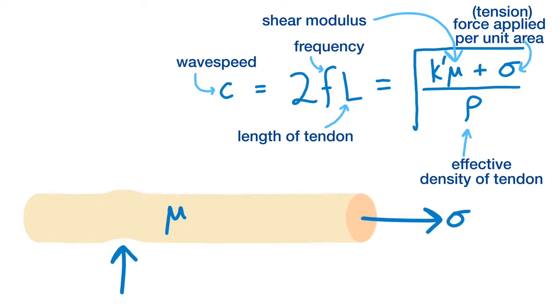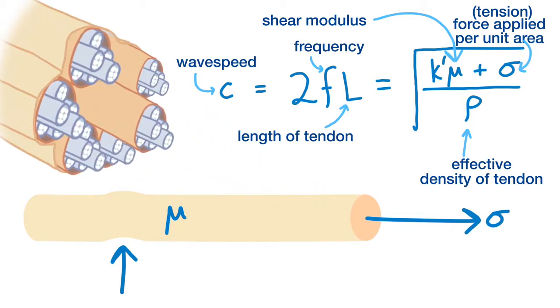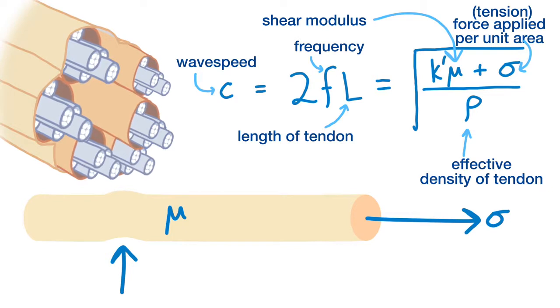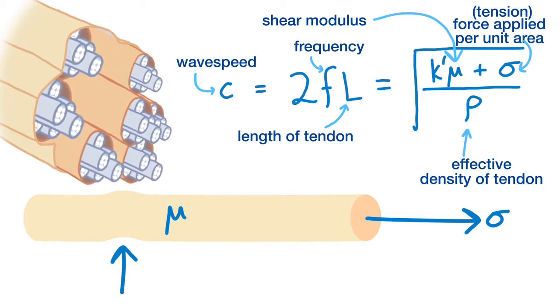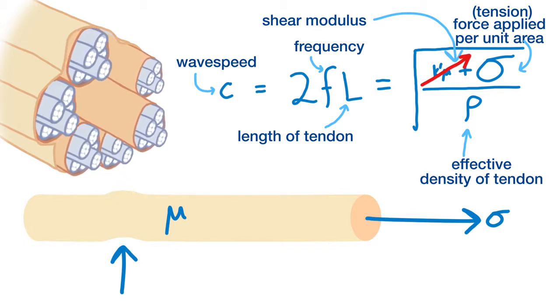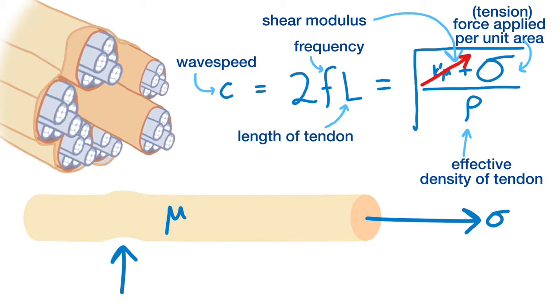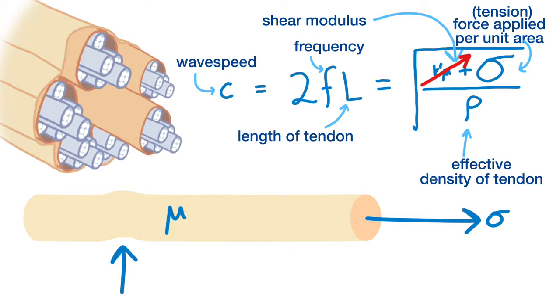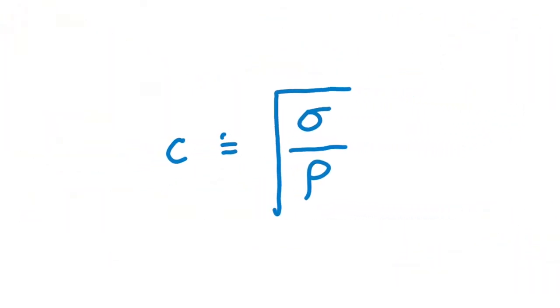But as you increase the tension, the two act more and more alike. That's because tendon tissue is made up of bundles of fibers that can slide relative to each other. This leads to a low shear stiffness, which allows us to leave that term out of our wave speed equation when the tendon is undergoing loading, as it does during movement. This results in a simpler expression.